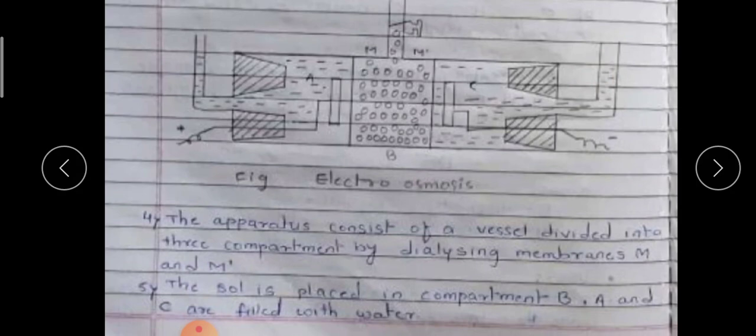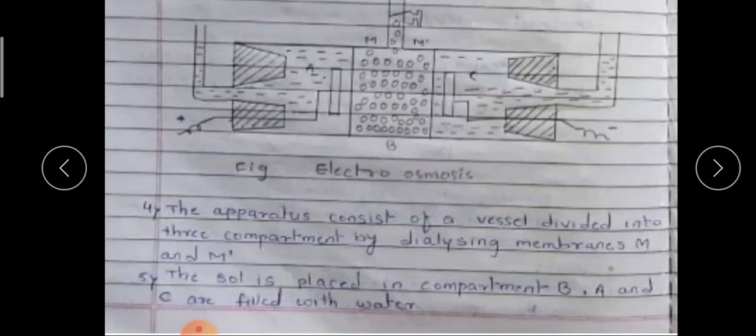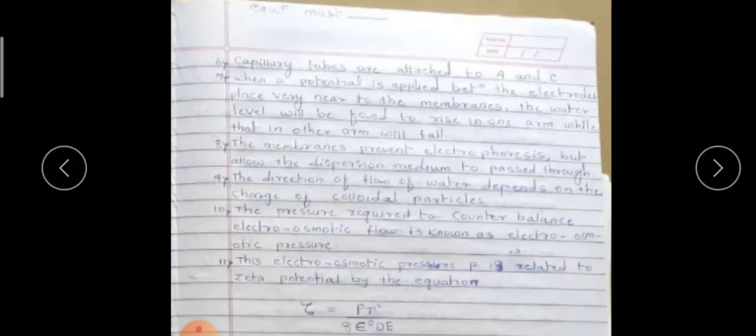The apparatus consists of a vessel divided into three compartments by the dialyzing membranes M and M dash. The solvent is placed in compartment B, whereas A and C are filled with water. Then capillary tubes are attached to A and C.